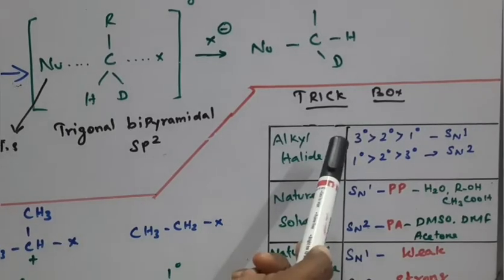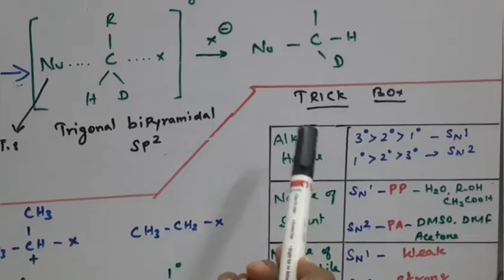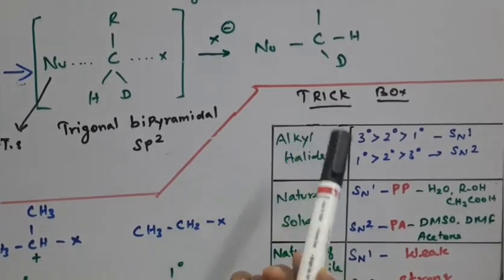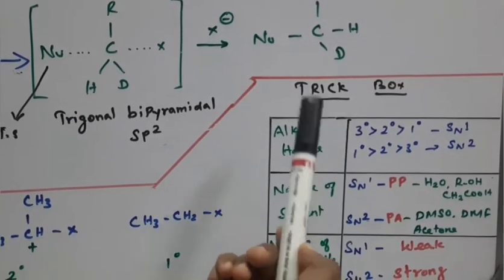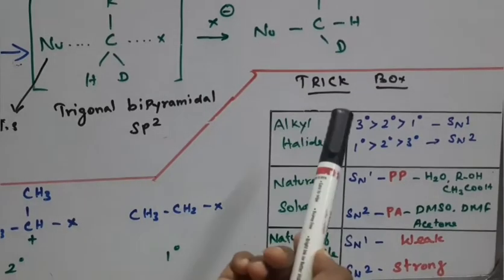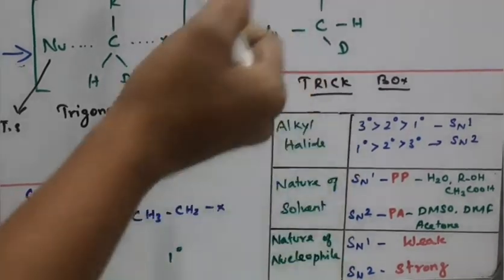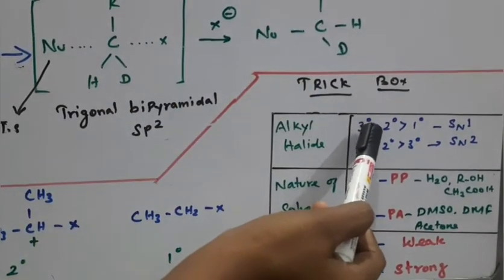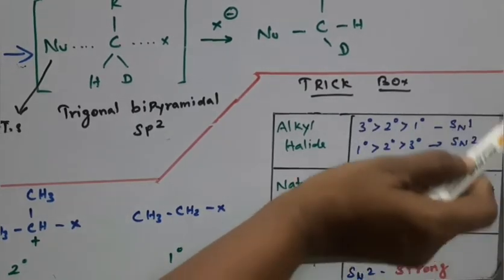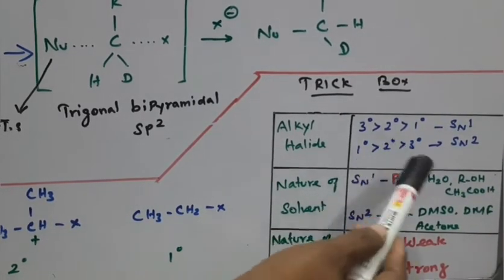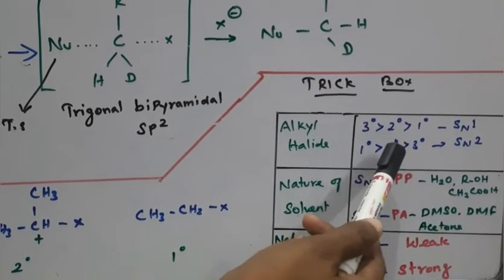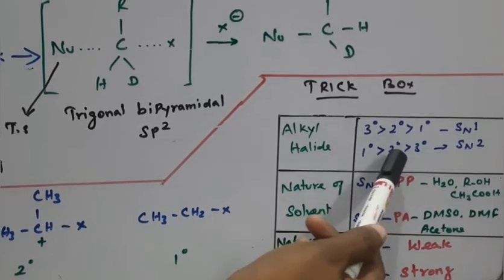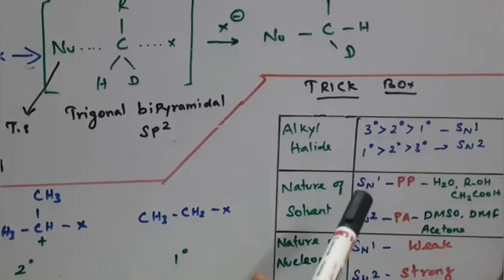Sometimes if benzylic or allylic groups are present, that also gives higher reactivity for SN1 reactions, because it undergoes racemic structure. Only the tertiary carbocation favors the SN1 mechanism. For SN2, the primary is more favored, then secondary, then tertiary.